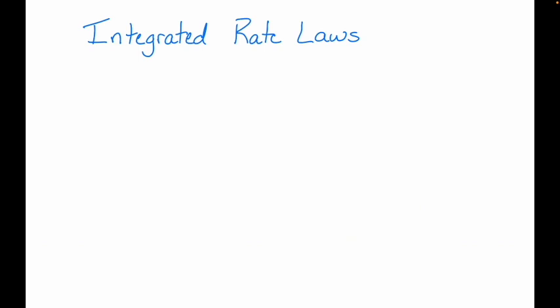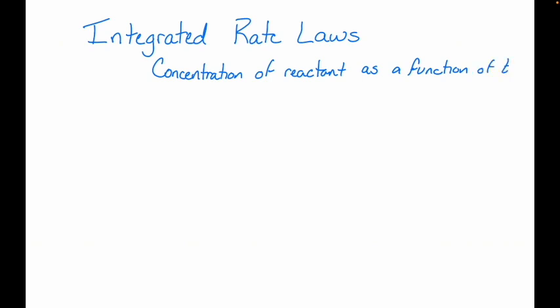I'm not going to try to remember them off the top of my head so I don't mess up. But again, the whole shtick is these are the concentration of reactant as a function of time, and they depend on the order of that reaction.